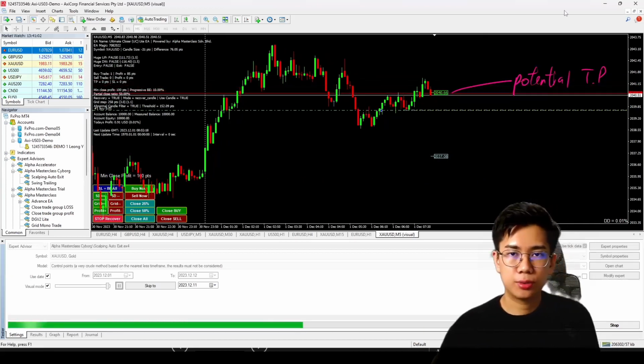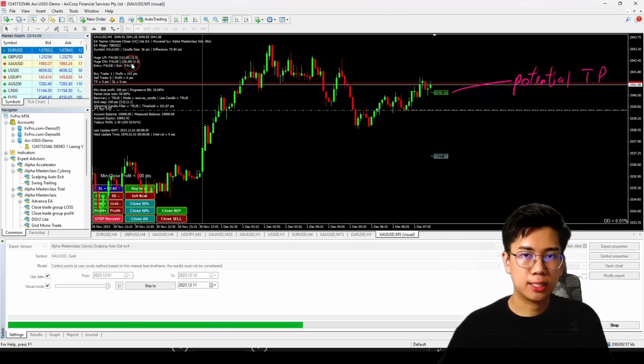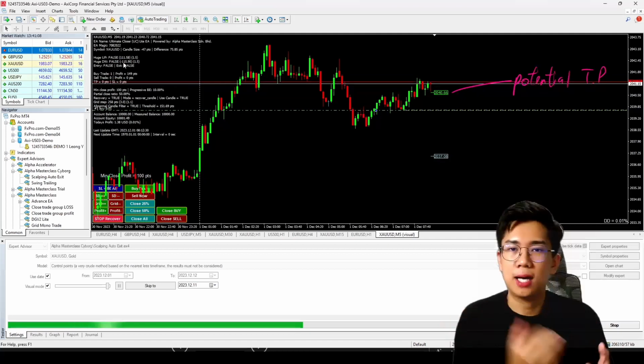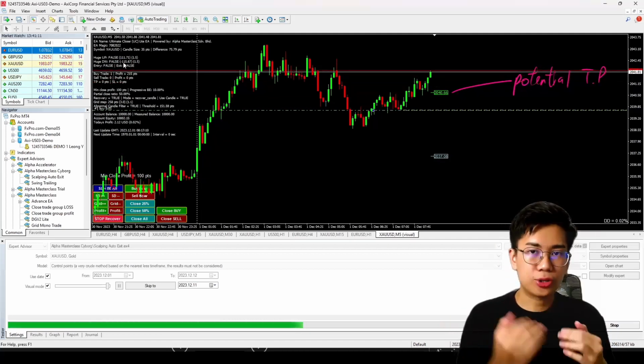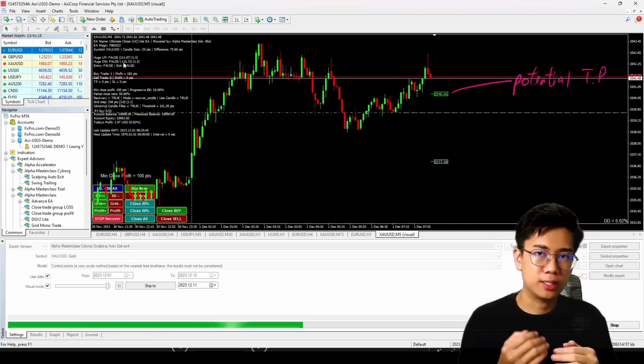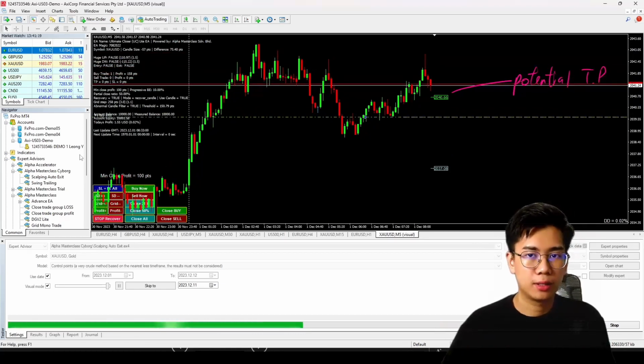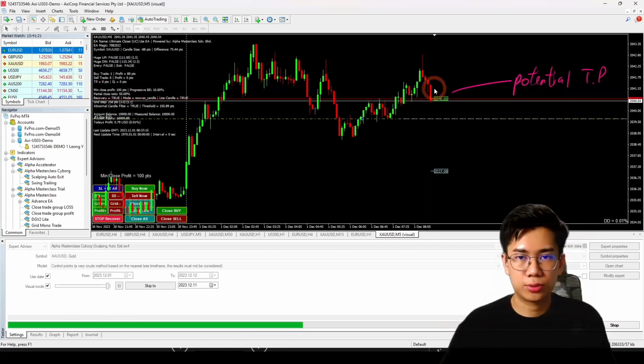As you can see, this also changes automatically, meaning it's not like TP 100 points and 100 points, no. It automatically adjusts based on the current market until it feels that right now is really a potential reversal, and only then will it close. You see, it's above already, but it doesn't close.